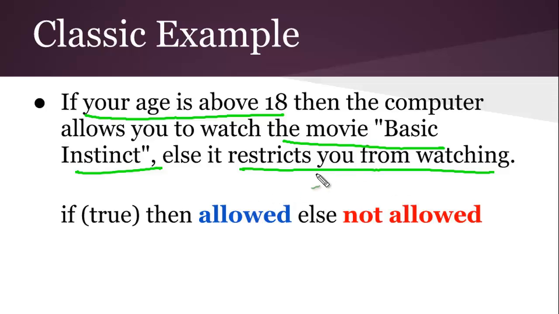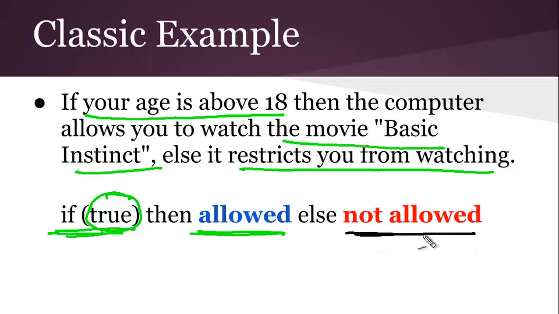But yeah, obviously we know that you all are going to watch it anyways. So the point to be noted is that if this condition is true, then you are allowed. Else you are not allowed. So that's where else came into the picture.